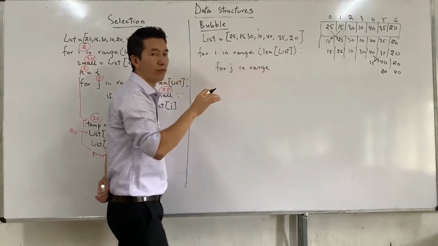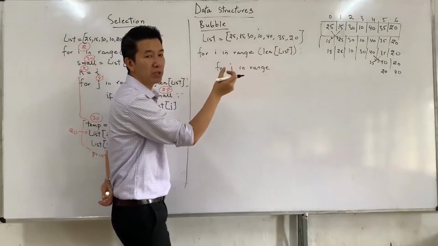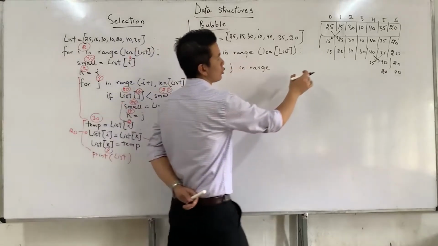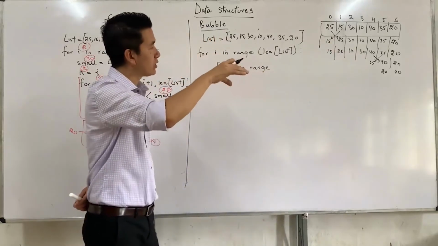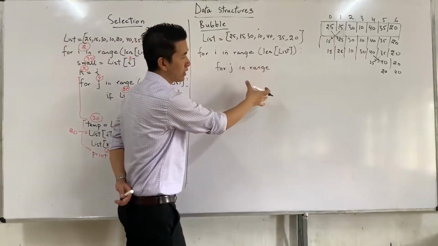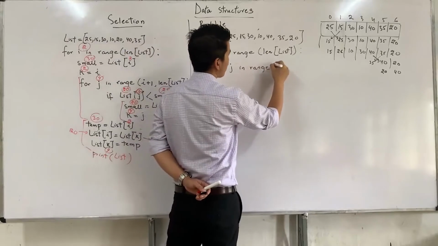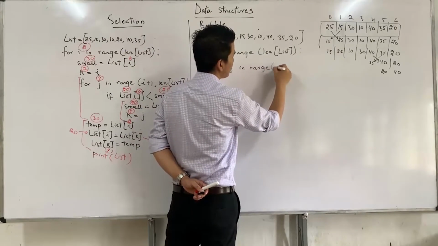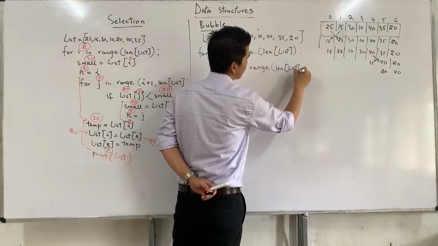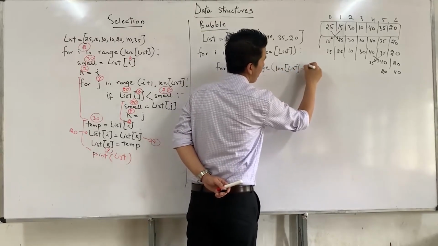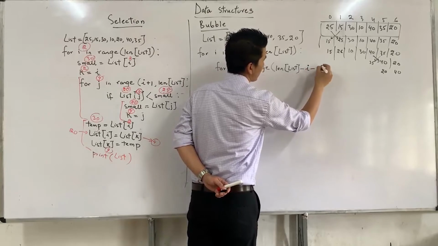Now this is for the comparison between the numbers. The process of comparing the numbers within the list is being represented by the inner loop. So this loop should continue till the value of length of list minus i minus 1.